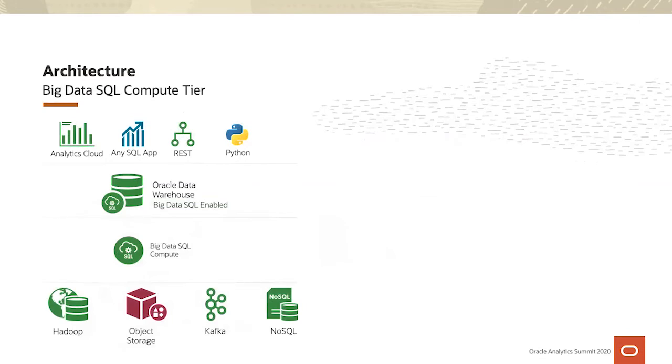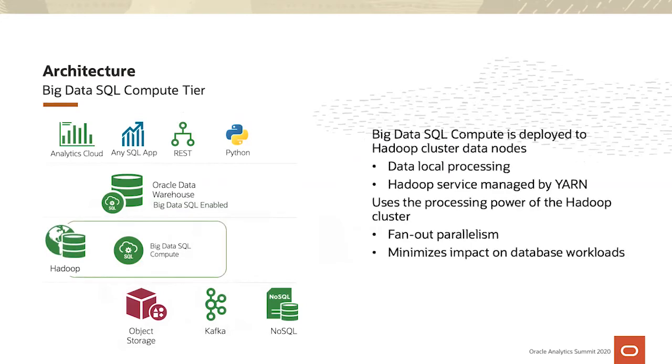Now, that compute tier is where a lot of the magic lives. The compute tier, in the case of Big Data SQL, is actually deployed to a Hadoop cluster. So if you think about a cluster, you may have a 50-node Hadoop cluster, and you have data maybe across the large majority of those nodes. Let's say it's on 50 nodes.